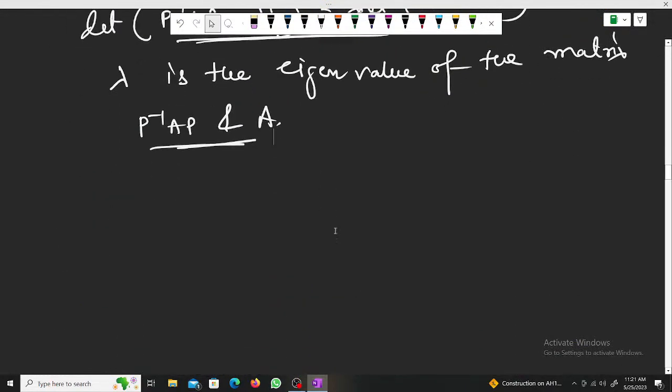Now we do some examples. How to solve this, some example.